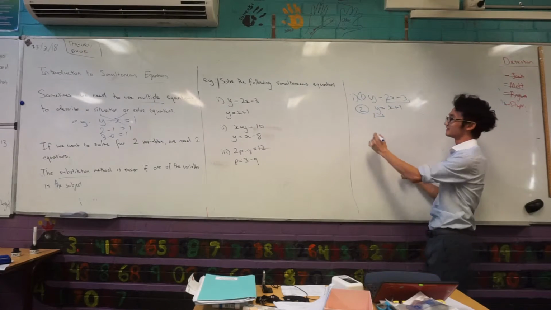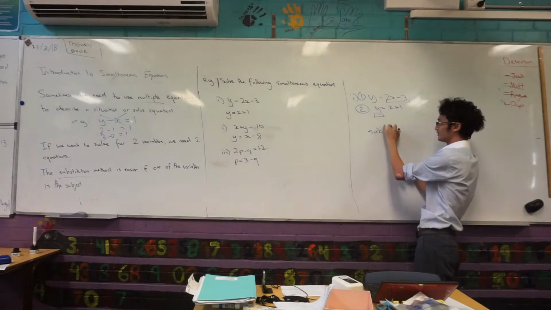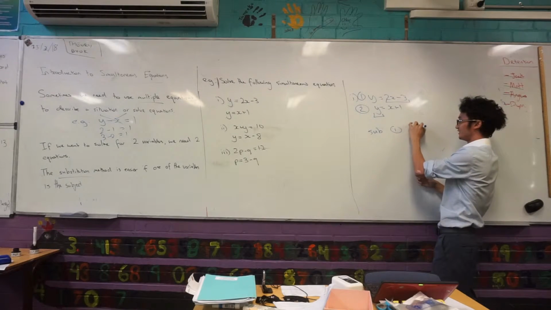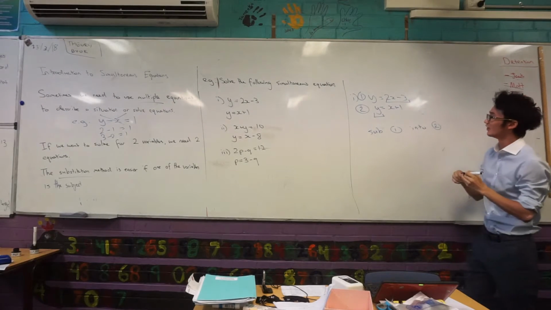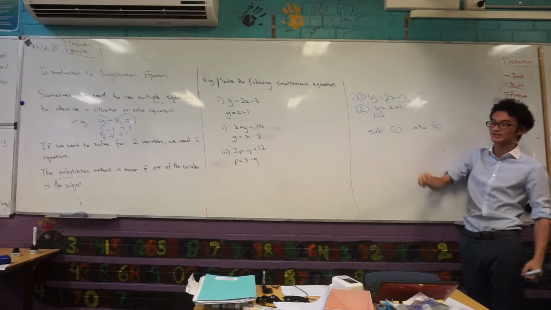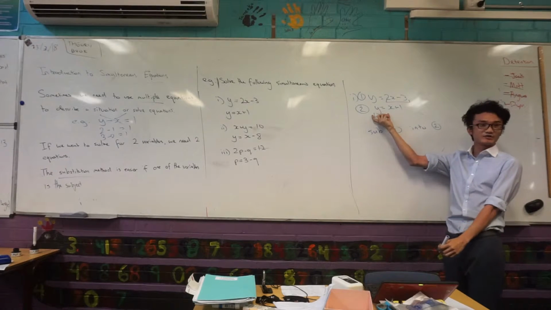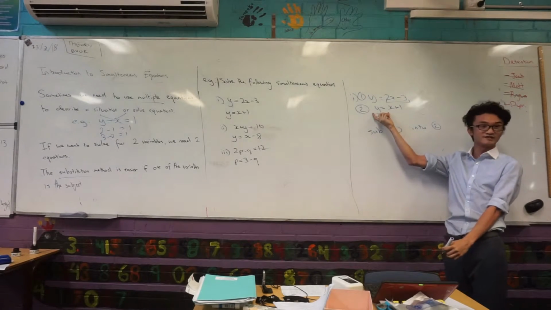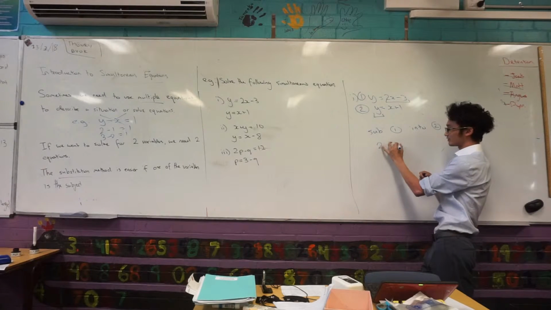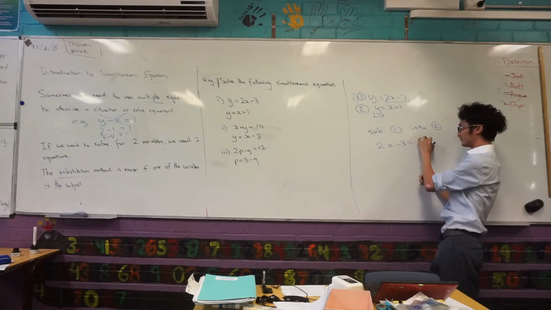The way I would write that is: substitute, or sub, 1 into 2. Instead of writing y in equation number 2, I replace it with 2x minus 3. I'll write 2x minus 3 is equal to x plus 1.